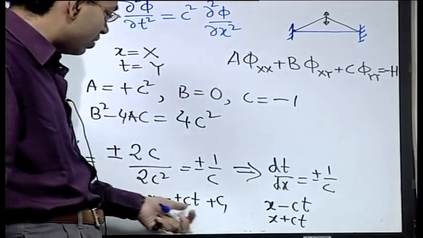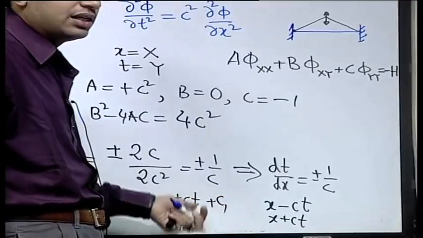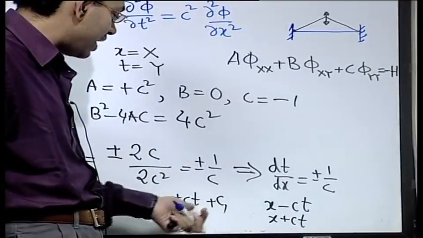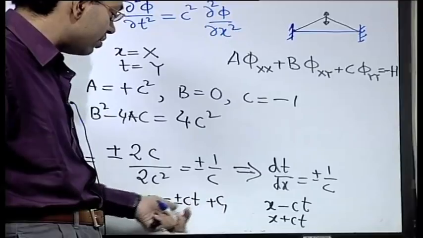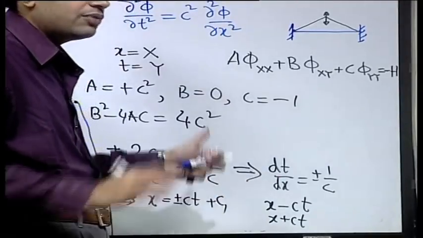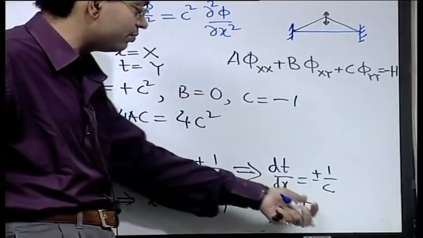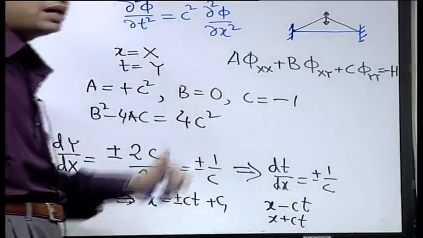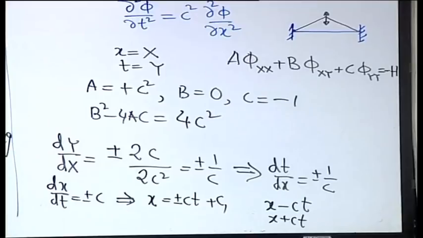So, one is x equal to plus ct, another is x equal to minus ct. Of course, x equal to plus ct plus c1 and x equal to minus ct plus c1. But if we forget about that c1, the functional dependencies, one is x with plus ct, another with x with minus ct. So, these are the two characteristics.